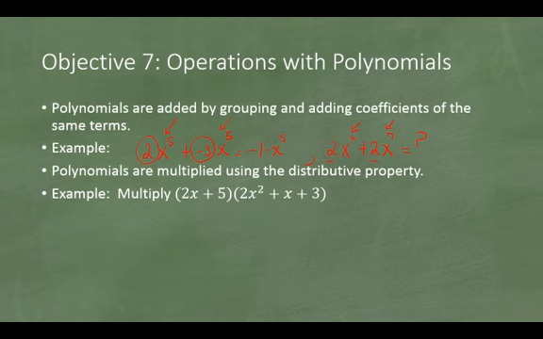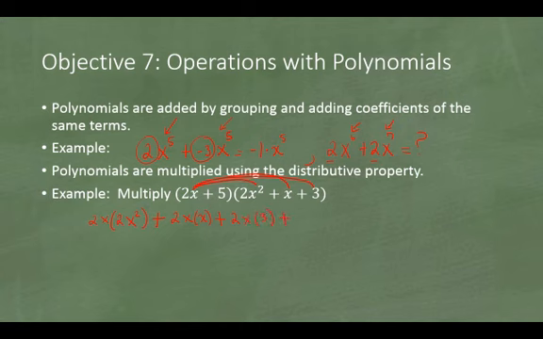Polynomials are multiplied using the distributive property. And this is going to take practice, but you should always write this out. As an example, to multiply 2x plus 5 with 2x squared plus x plus 3, we're going to take 2x times 2x squared plus 2x times x plus 2x times 3, plus, then move on.